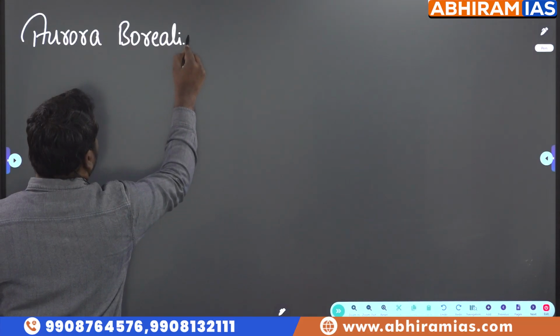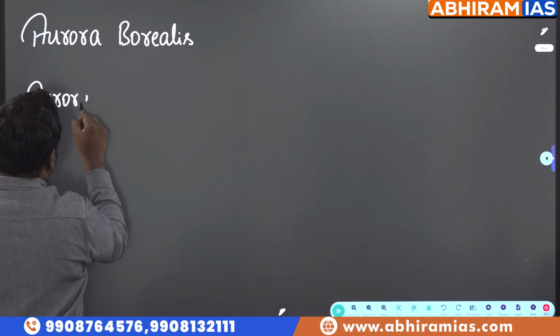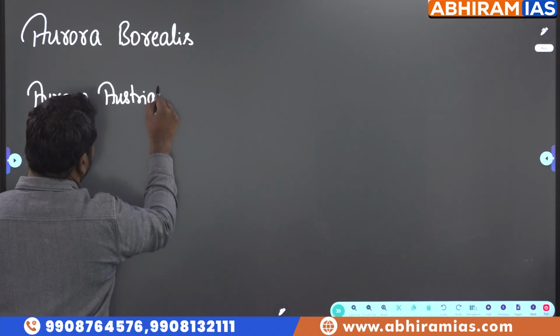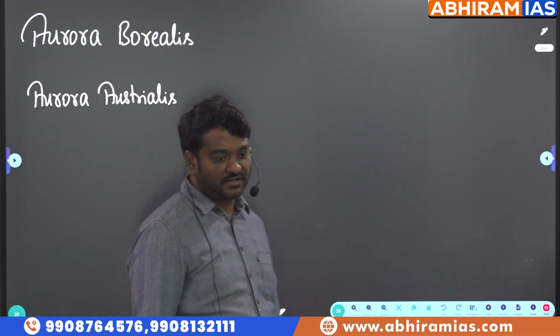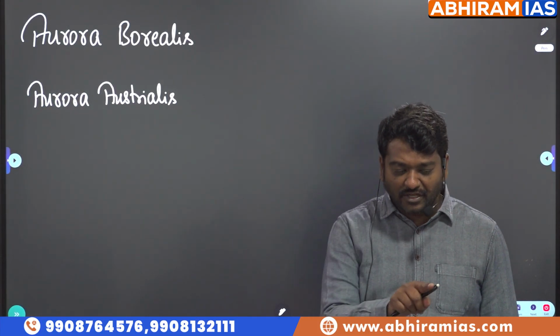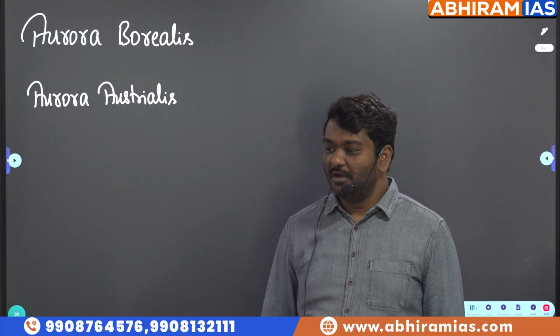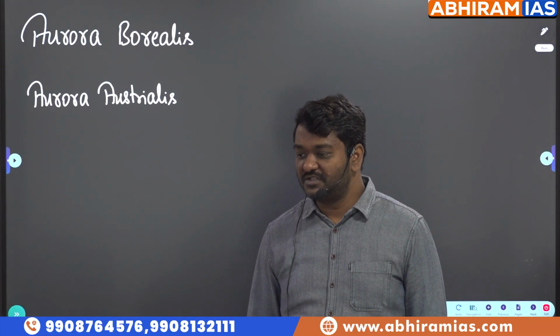Have you heard? Aurora borealis and aurora australis. It is also called northern lights and southern lights. Underline the two words there. Interaction between which two? Solar wind and Earth's magnetic field.